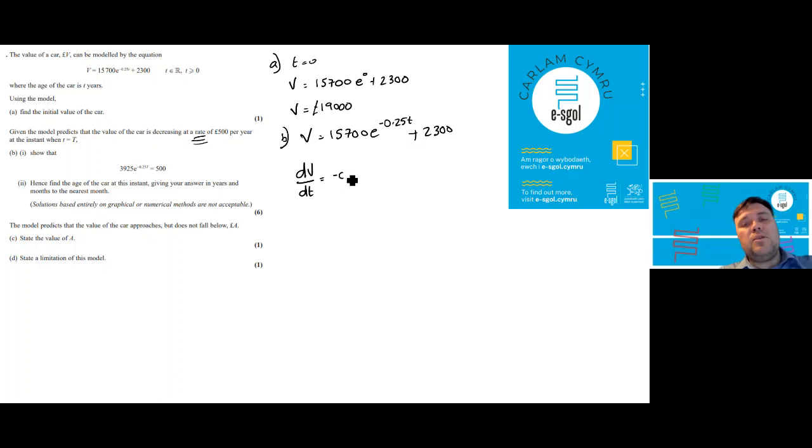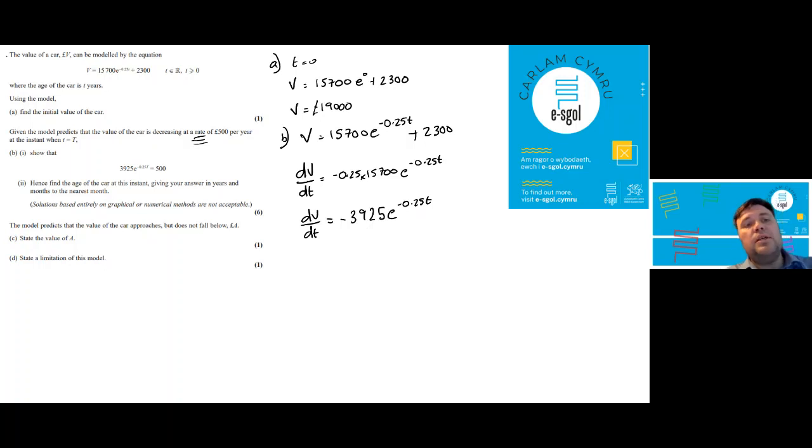So dV by dt will equal minus 3,925 e to the minus 0.25 t. So now this is my rate.